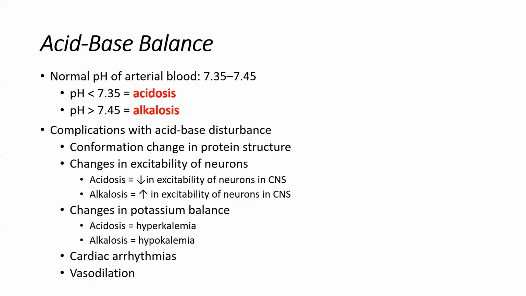If we have potassium going out of balance, this can put us in some other physiologic complications, such as cardiac arrhythmias and vasodilation. In fact, if any of you have ever heard of, I forget what they call it, a lethal injection, which is a part of capital punishment. So if you are sentenced to die via lethal injection, a part of that process is administering potassium.